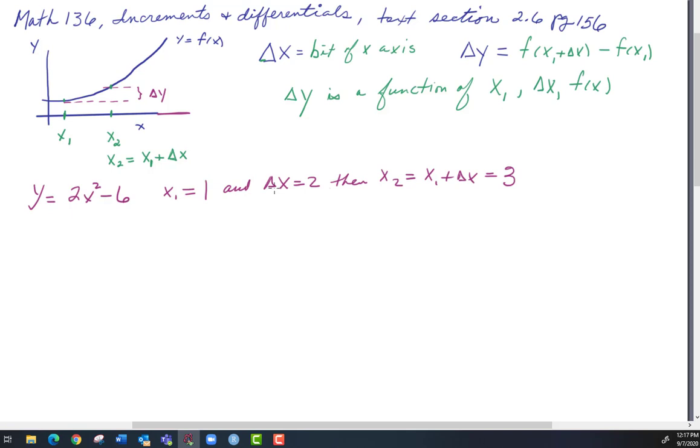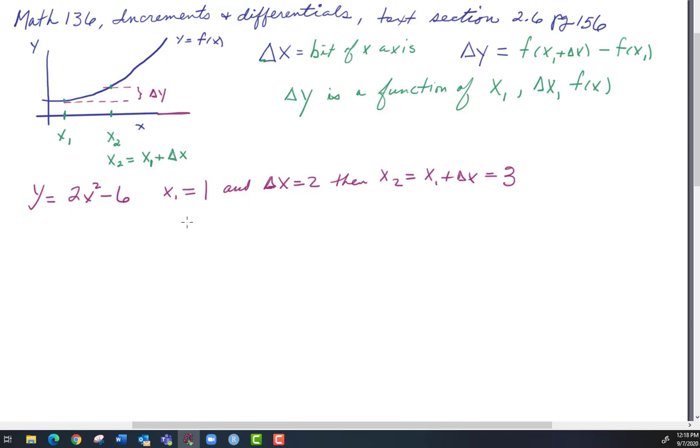Now I'll tell you right now, this would be an unusually large value for delta x. In practice, for the kind of problems that we're going to use differentials for, delta x would not be this big. But this is just fine for illustration.